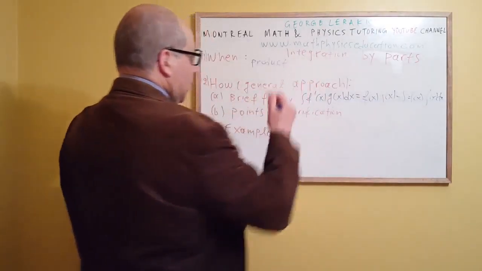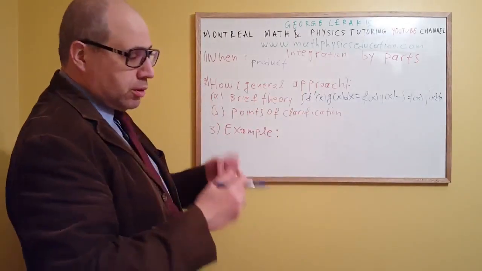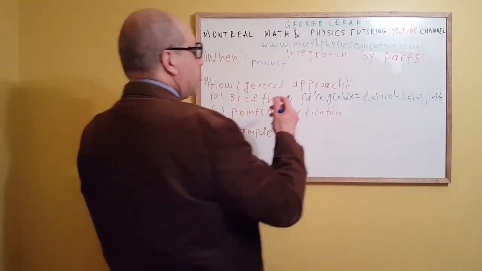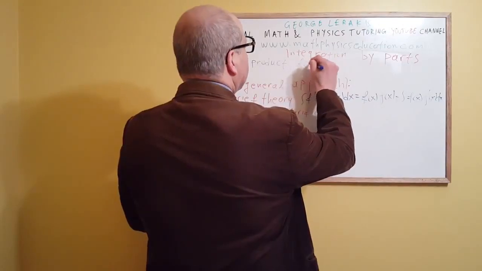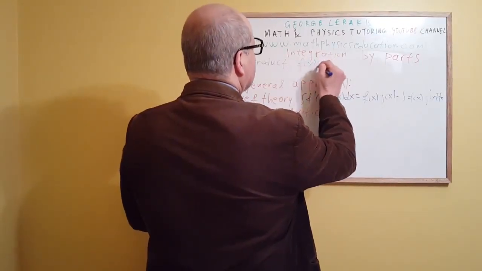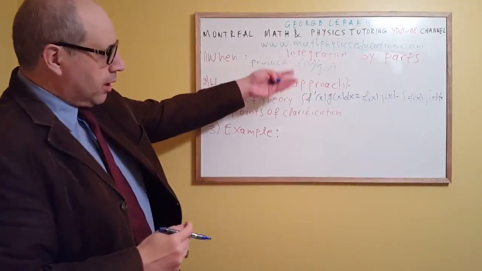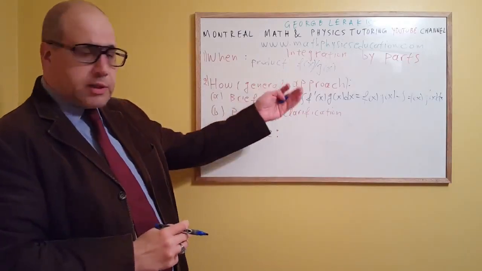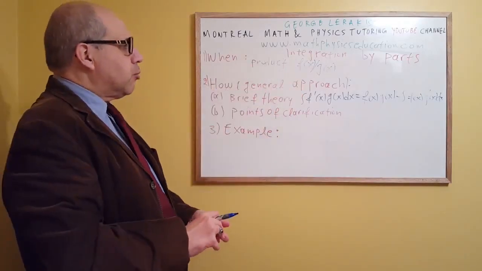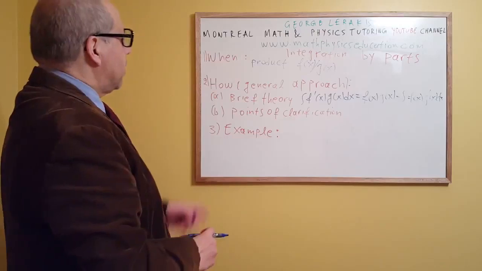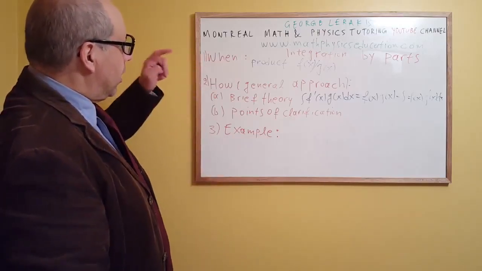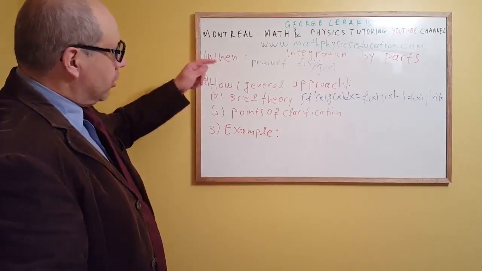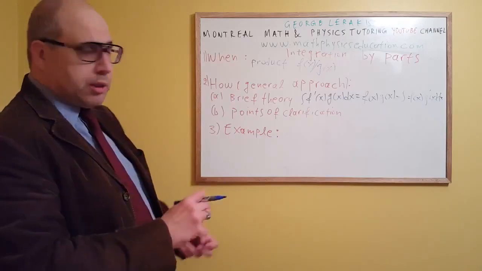And also, it can be a quotient between two functions, like f of x over g of x, because again, you can write it as f of x times 1 over g of x. So that's when we use integration by parts.